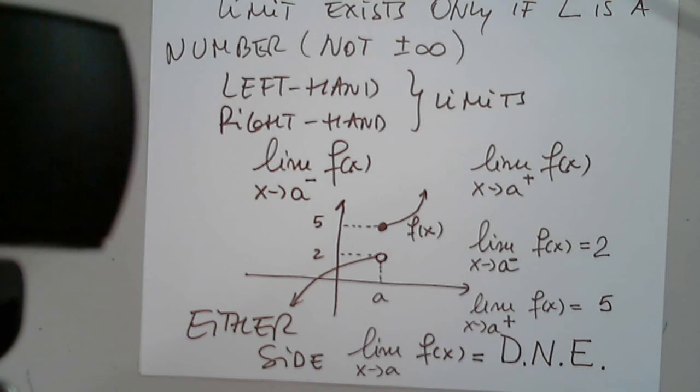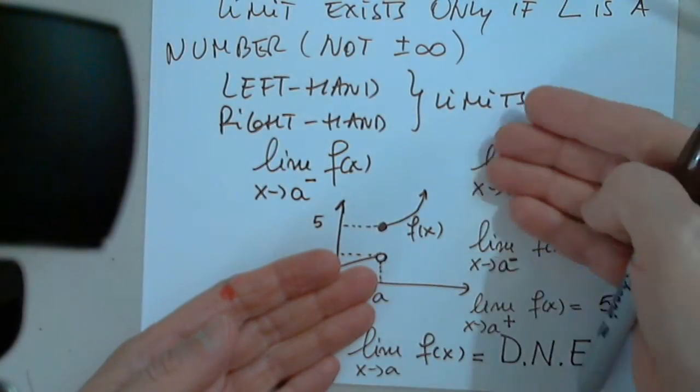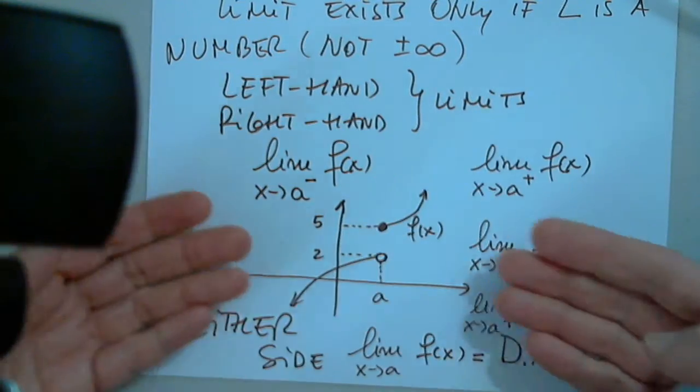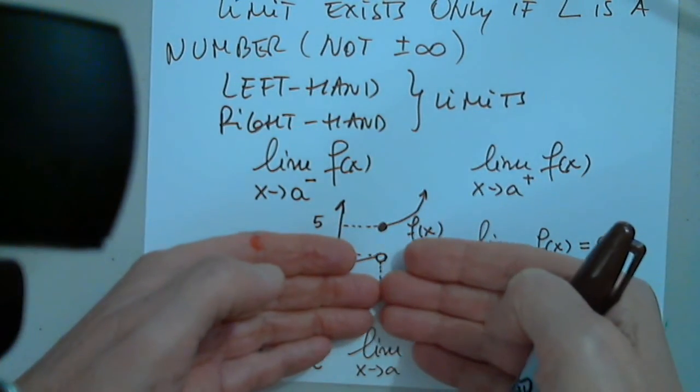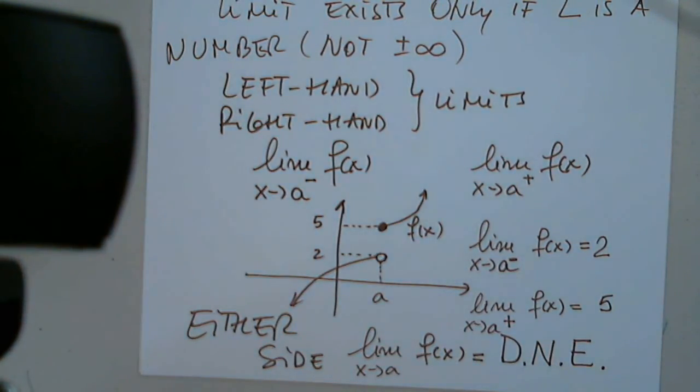Oh, the limit does not exist at all. From either side. From the left is 2. From the right is 5. But from either side at the same time does not exist. DNE means it does not exist.